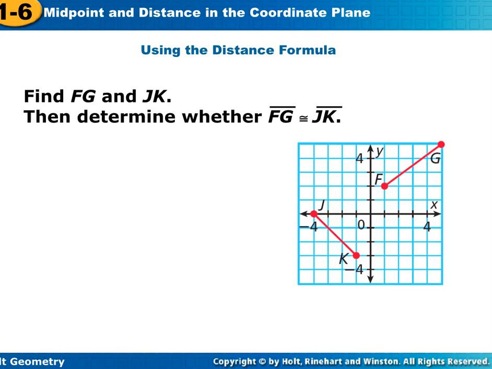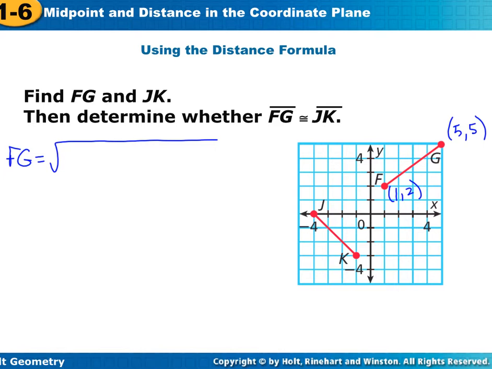F has coordinates of 1, 2, and G has coordinates 5, 5. Let's use those two in the distance formula, figure out how long that segment is. I don't care which are the ones and which are the twos.